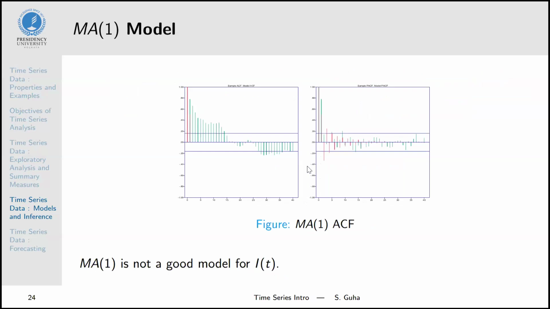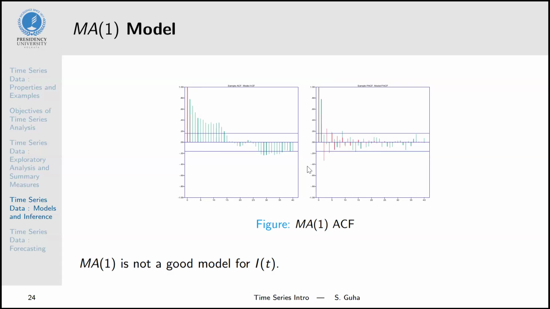Okay. Now let us see. This is an MA1 model where I have taken maybe theta equal to 0.5. Now if I had taken theta equal to 0.7, then maybe it would have increased a little bit. Or if I take theta equal to 0.2, maybe it would have decreased a little bit.